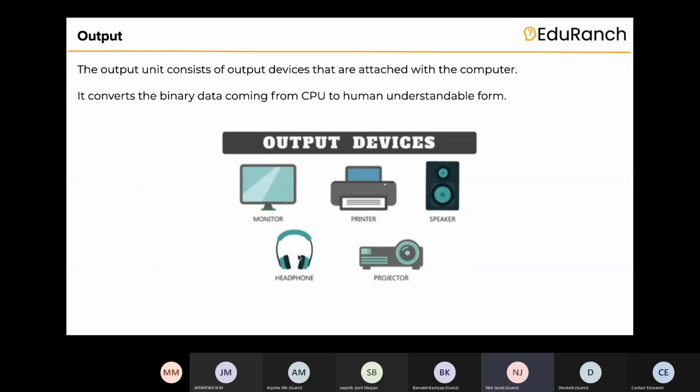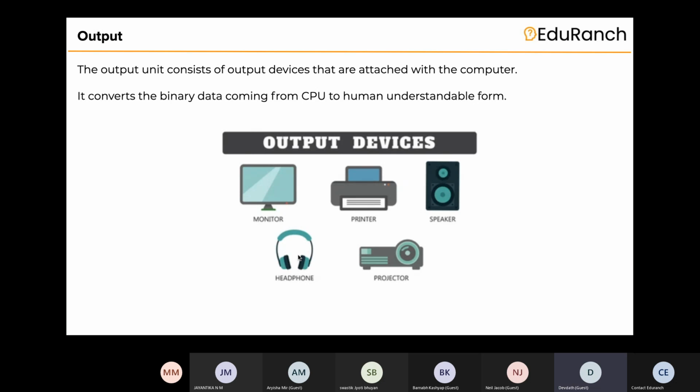Okay. So let's see some of the output devices. By the definition, what do you think the output devices do? Sir, which shows what we say. The result of the input we give. Exactly, you are right.